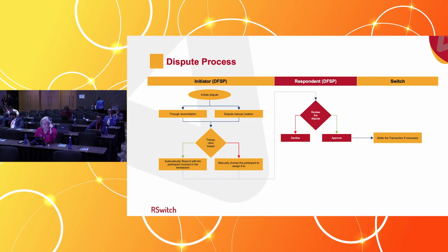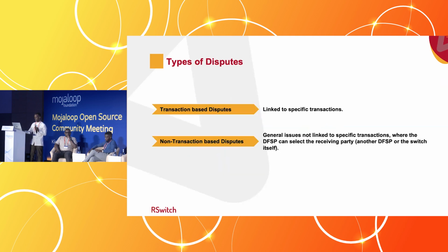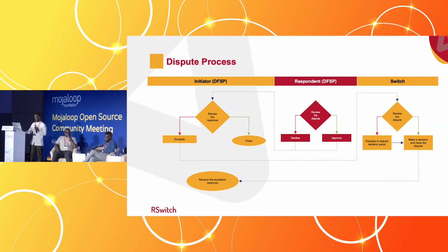And if it's approved, the switch will have a way of settling that transaction if necessary. And after that, it comes back to the respondent. No, it comes back to the initiator, sorry.